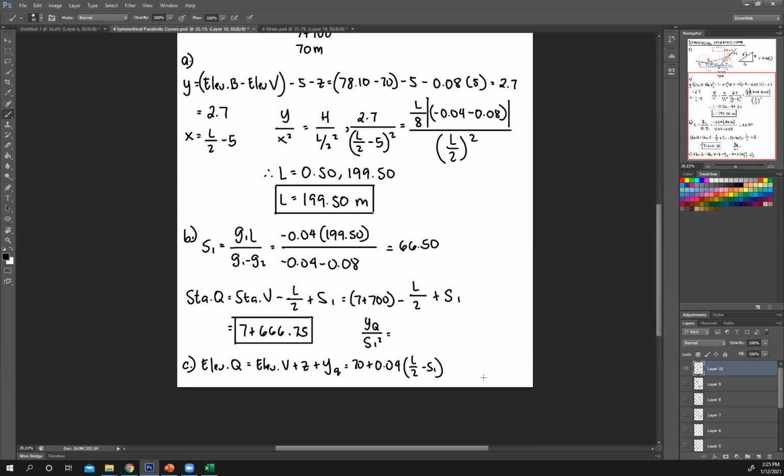You can use this equation instead: equals H over L over 2 squared. And then to solve for H is just L over 8 times negative 0.04 minus 0.08. What's H? Let's solve for H first.